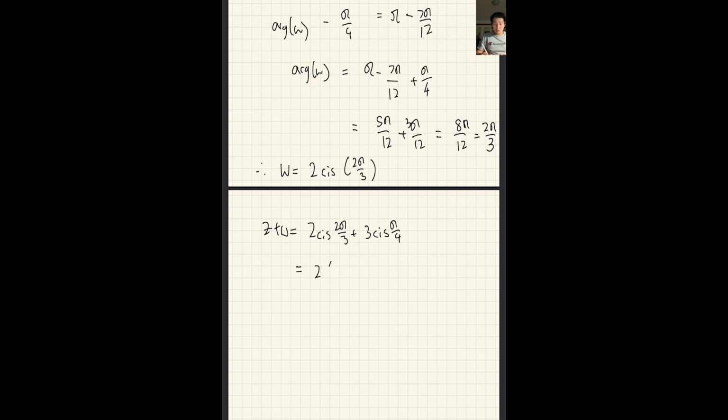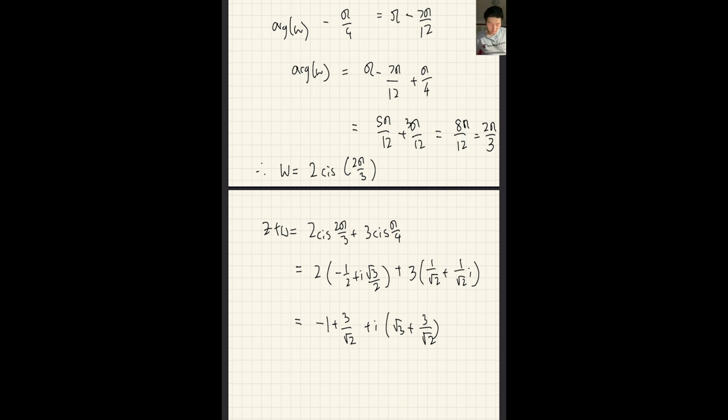That's 2 times cis 2 pi on 3 in Cartesian form, which is minus a half plus i root 3 on 2, and 3 times cis pi on 4, which is 1 on root 2 plus 1 on root 2 i. We simplify so that all the real parts are together and all the imaginary parts are together. That gives us minus 1 plus 3 on root 2, plus i times root 3 plus 3 on root 2. And that is z plus w in Cartesian form.